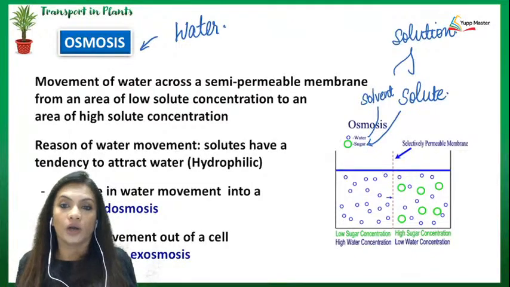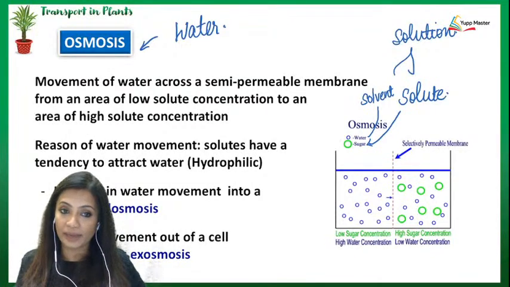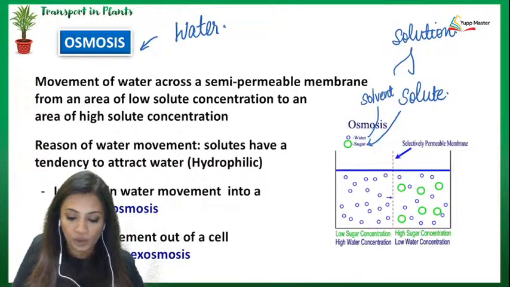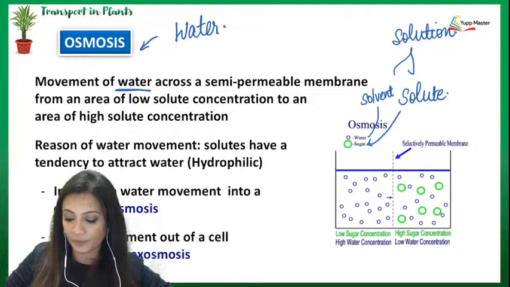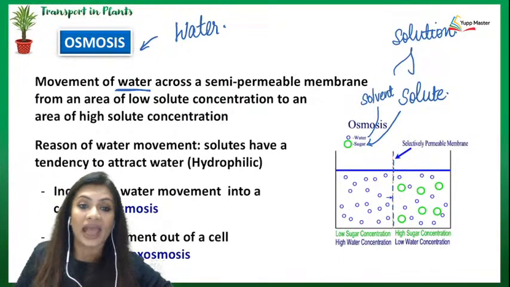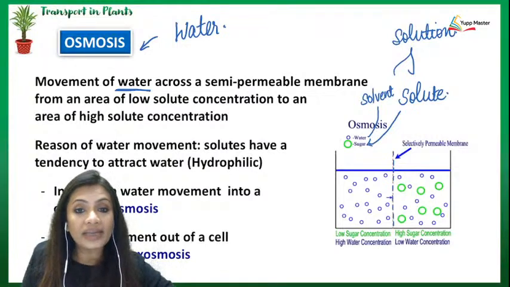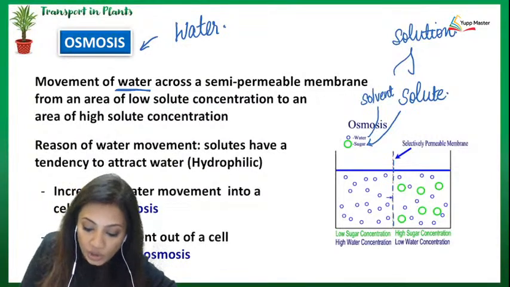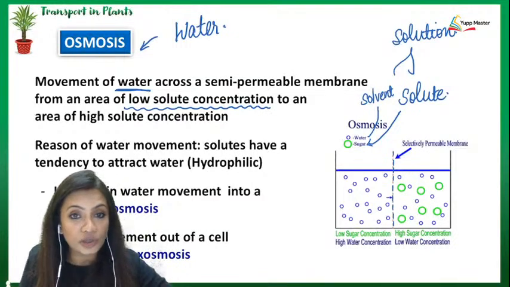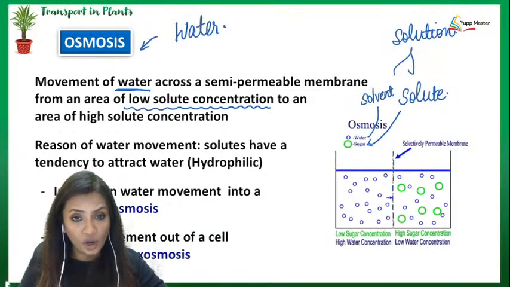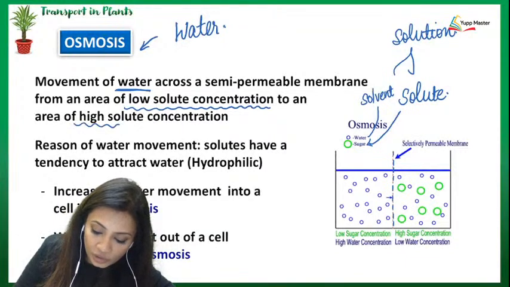Now what is written in the definition? Let's come back to it. Movement of water, remember, across a semi-permeable membrane, and here is that semi-permeable membrane we are talking about, from an area of low solute concentration to an area of high solute concentration.